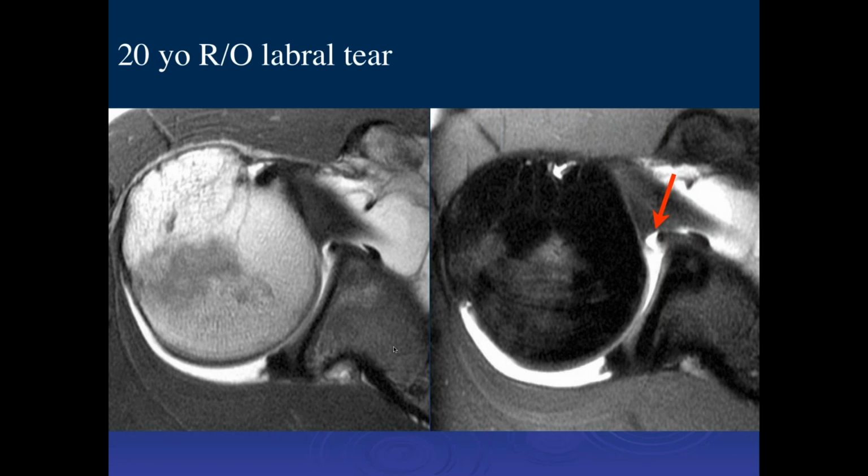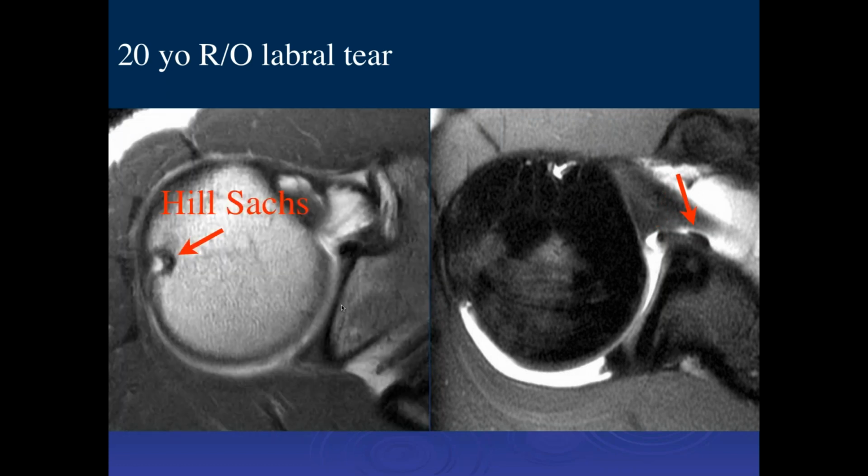What's that, just anterior to and just posterior to the glenoid surface? I guess it's a piece of the labrum that's been torn off and displaced. And here's a Hill-Sachs. So this patient had an anterior dislocation, and that's a displaced labrum anteriorly.